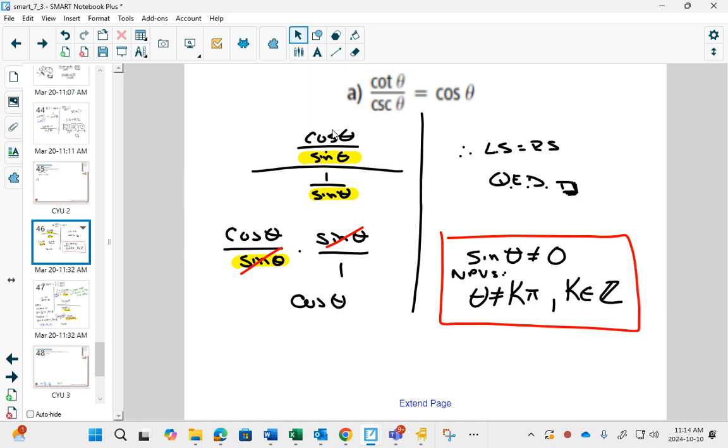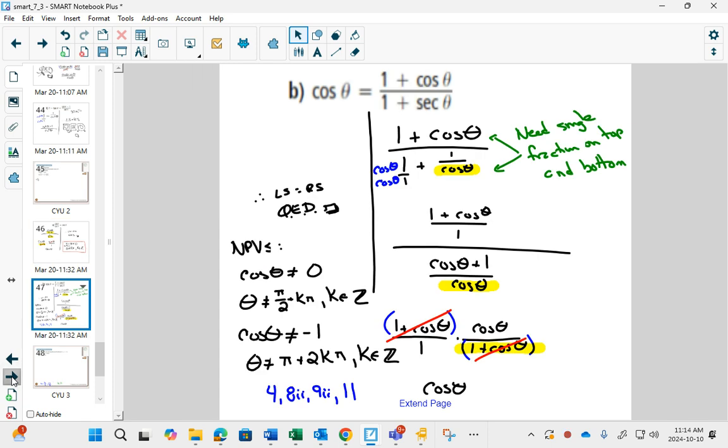For the second one in part B, we do the proof again. Again, change things to sine and cosine. The only thing you need to change is the secant to 1 over cos theta. But then we get this main idea of what do we do when we have fractions inside of fractions. If you have fractions inside of fractions, the strategy that we've been using is you need a single fraction on the top and the bottom of your main fraction.